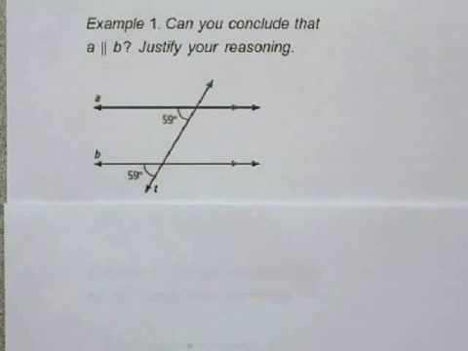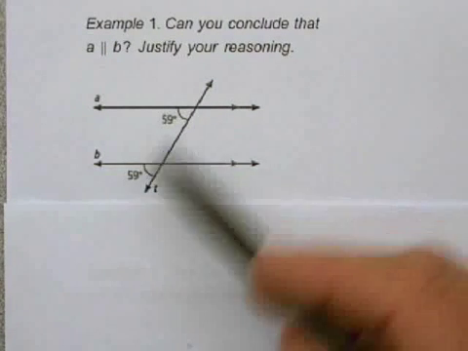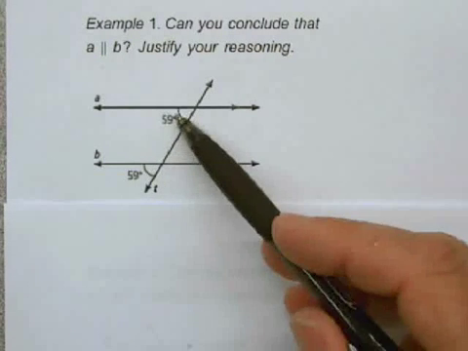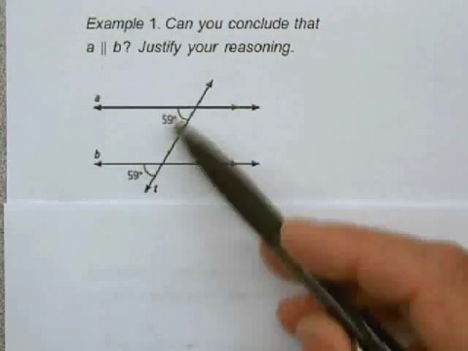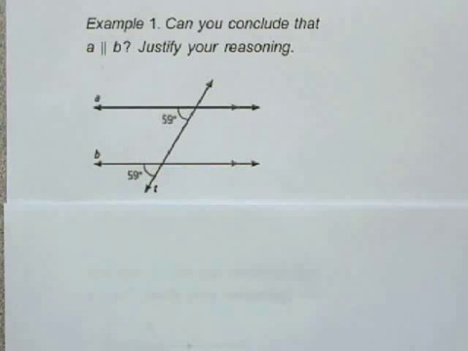And so I'm asked to justify if these lines are parallel. And I know that if the corresponding angles formed by two lines and a transversal are congruent, let me say that again. I know that if the corresponding angles, in other words, angles that are in the same position, on the same side of the transversal, and they're both below the lines, therefore I know these angles are corresponding angles.